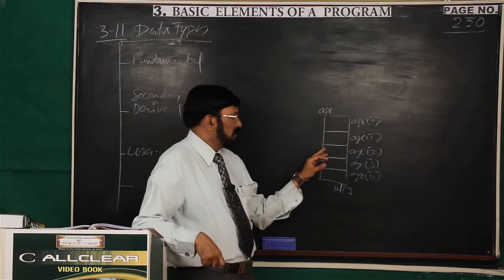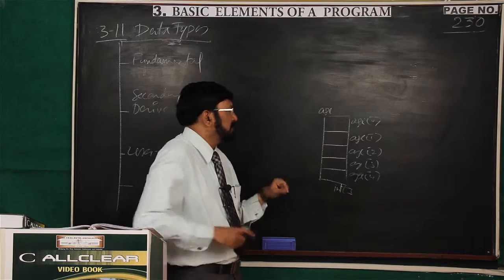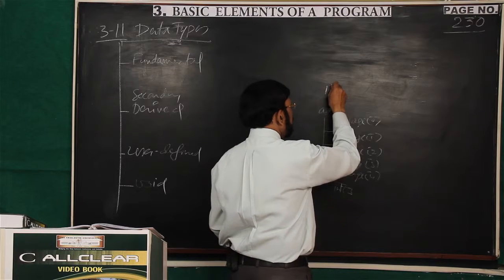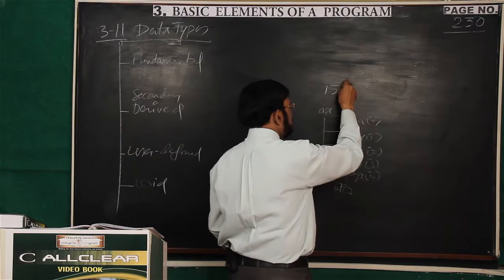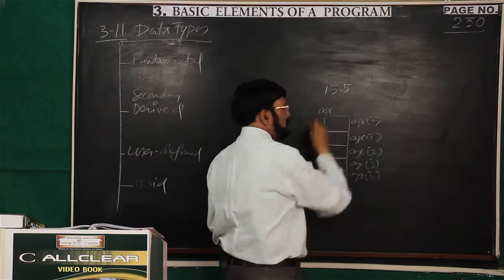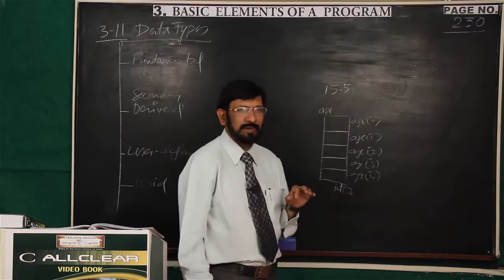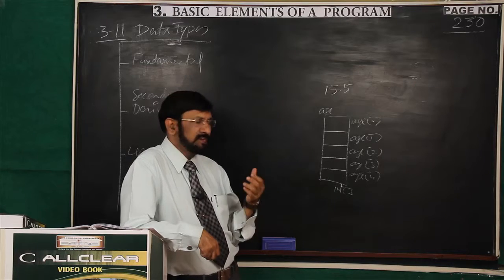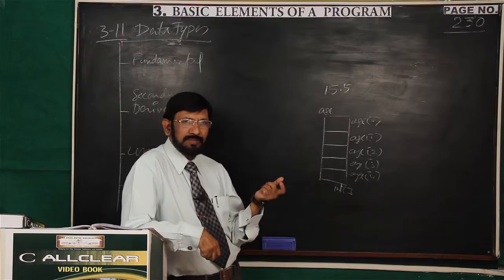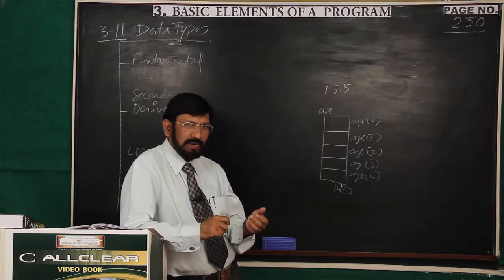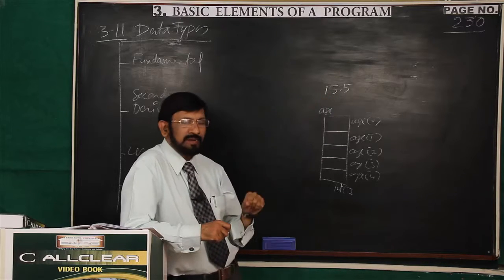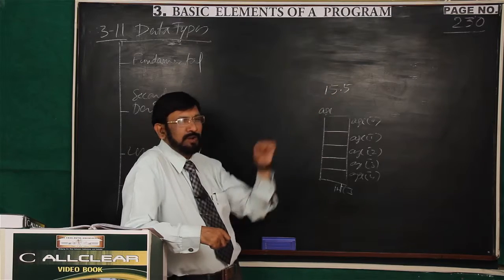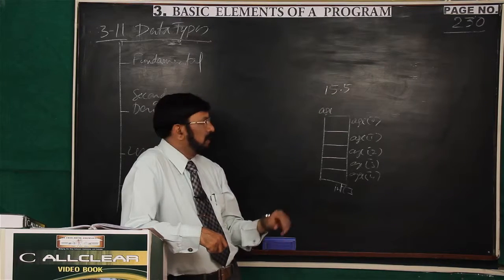Suppose, let us take one case. One student's eligibility age is 15.5. As a matter of practice, all students' ages we take as int. But according to the eligibility criteria for PU admission, it is 15.5.